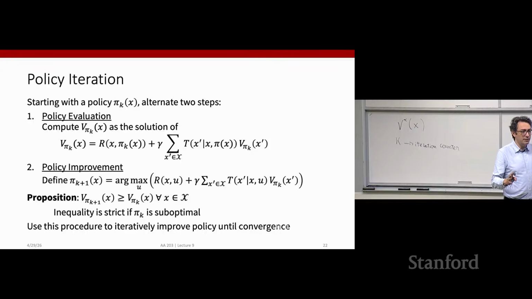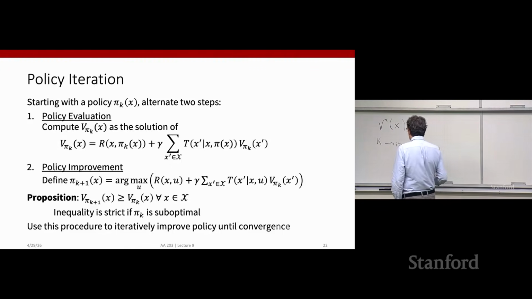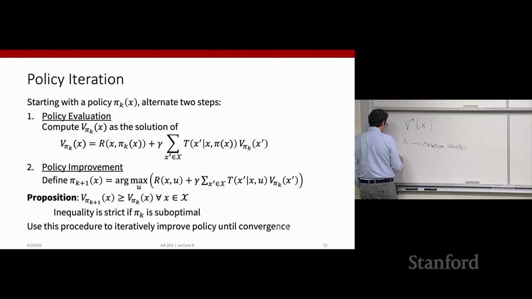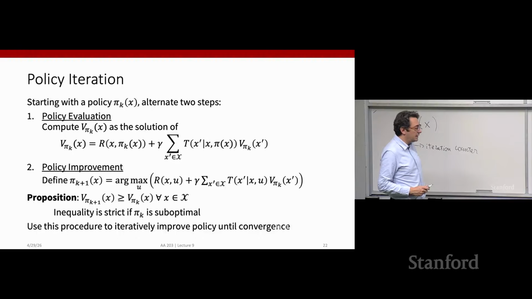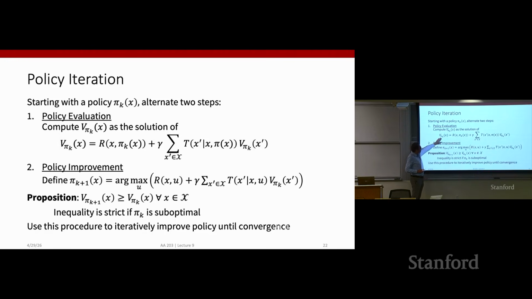Then the algorithm is a two-step procedure where first we compute the value of the policy pi_k for each possible state x by using the Bellman equation that allows you to derive the value function for a given policy pi_k. So you compute V of pi_k.